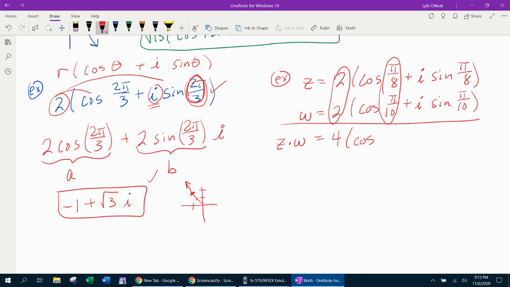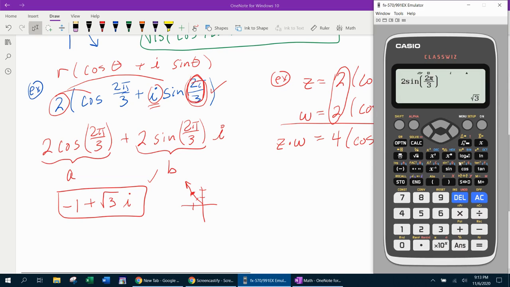Cosine of, and then we're going to have to add fractions that do not have a common denominator. So in order to add pi over 8 and pi over 10, you're either going to have to use your mental skills and get a common denominator, or if you're like me, you're just going to bring up the calculator.